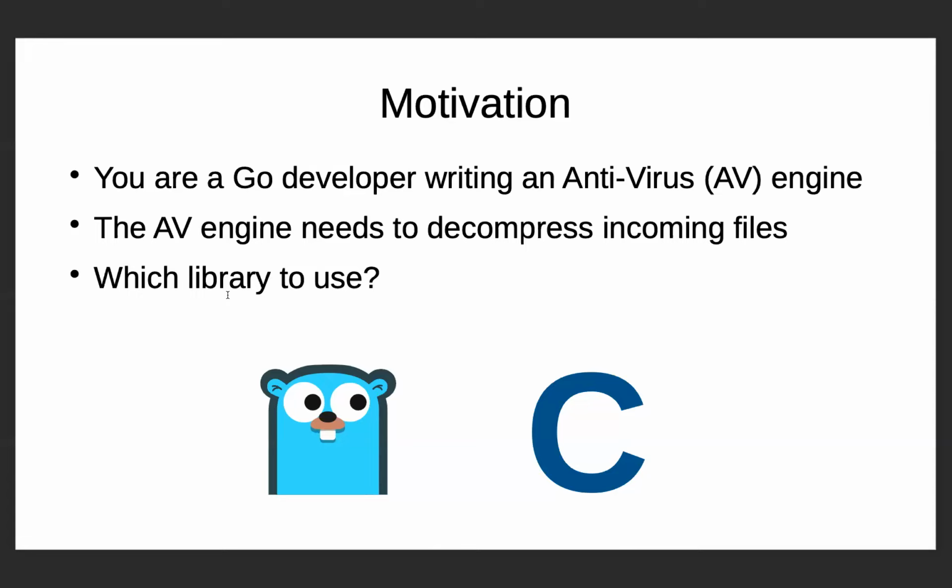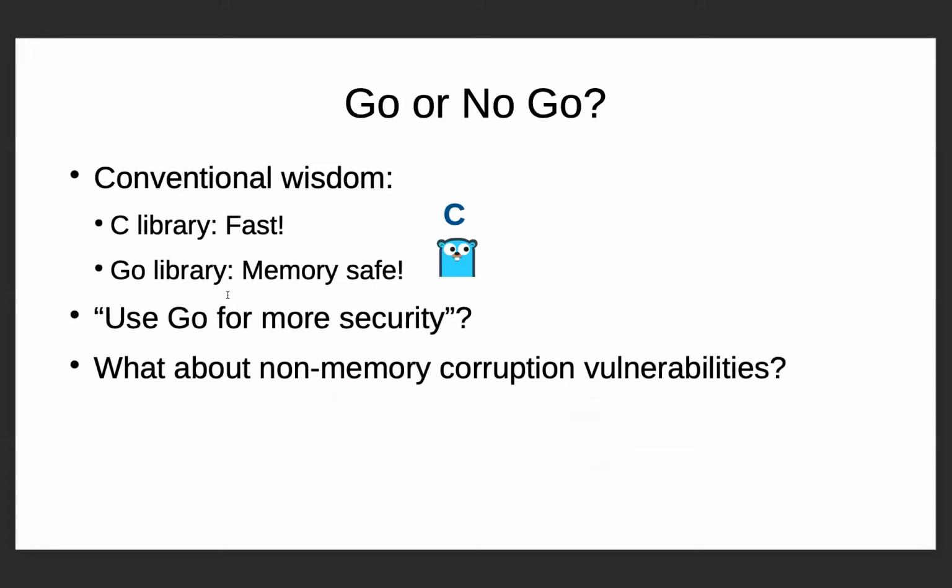Given that you're writing in Go, you either pick the Go decompression library written in native Go, memory safe, or you pick the well-tested C library. So this choice, the conventional wisdom is that you would go with the C library because it's faster. You would go with the Go library because it's memory safe. So maybe you should use Go for more security.